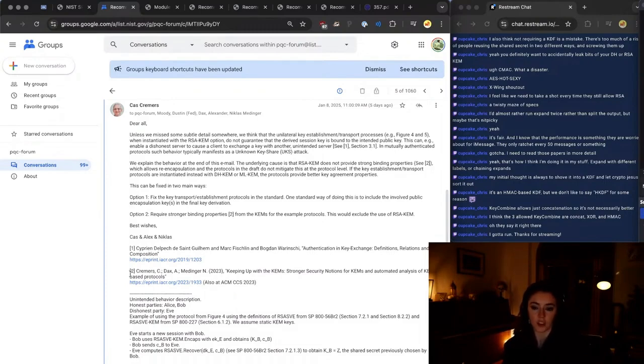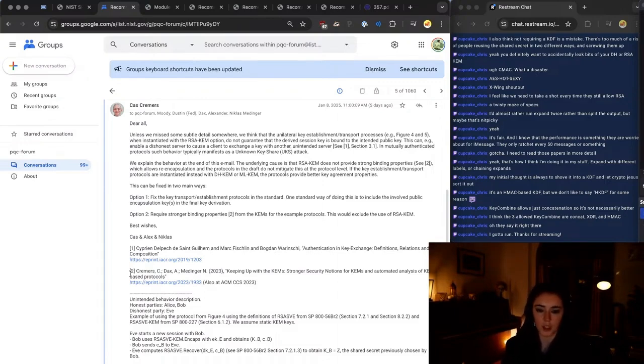She uses the same shared secret on their side, and then Alice decapsulates the ciphertext, which decapsulates to Z, which is the same shared secret that Eve computed with Bob. Alice then sends a nonce to the adversary and incorporates it into the final shared secret K. It's just KDFing.